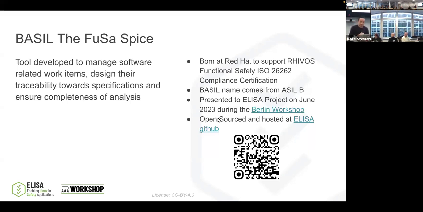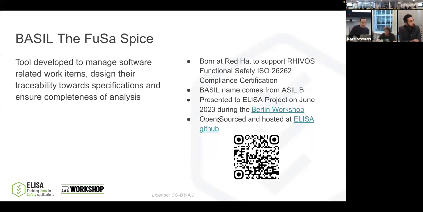We presented the tool at an ELISA workshop in Berlin a few years ago, and then we upstreamed the tool as part of the ELISA GitHub, so it's publicly available on this website. The goal of this tool is to establish traceability in your project and try to put together most of the work needed in functional safety in the same application.